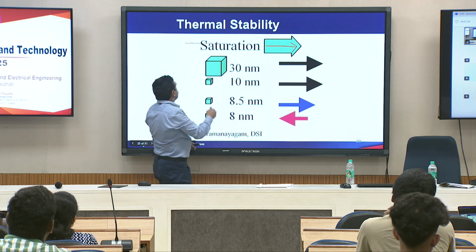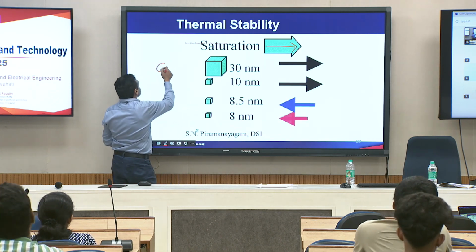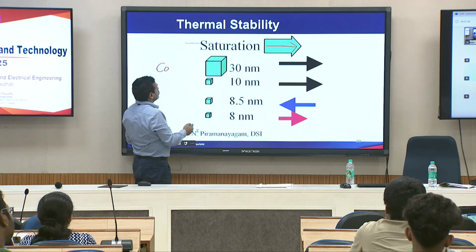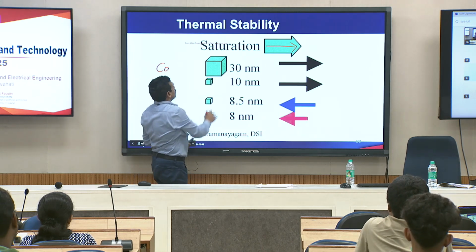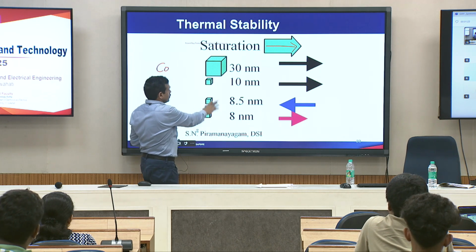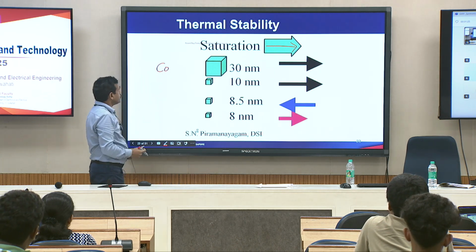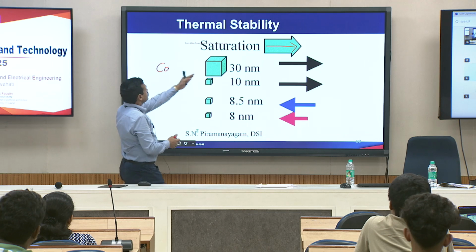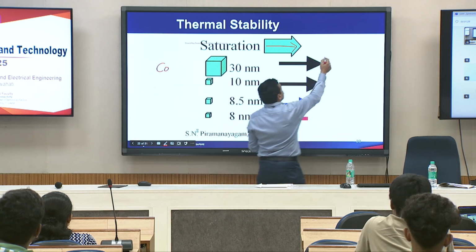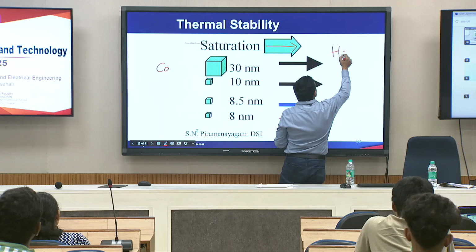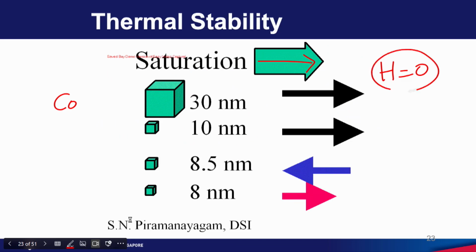Let us say this is a cobalt cube. In this case it is a 13 nanometer cube, 10 nanometer cube, and so on. After I saturate, I remove the magnetic field. I observe the magnetization at 0 field.